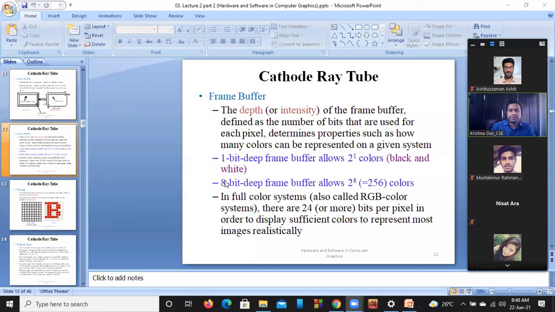Whenever you say 8-bit depth, that means 2 to the power 8; a pixel cannot have multiple colors at the same moment, it can have one color of that range. So whenever I have a 2-bit depth, only 4 colors are possible. When I say a 3-bit depth, then only 8 colors are possible, right? You can have any one of those 8.